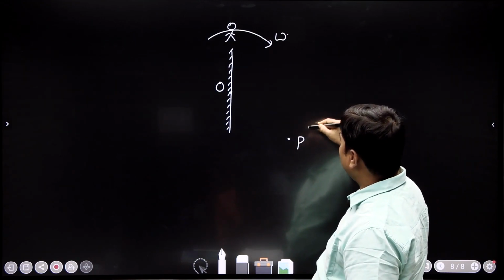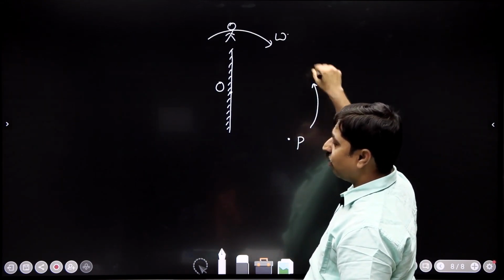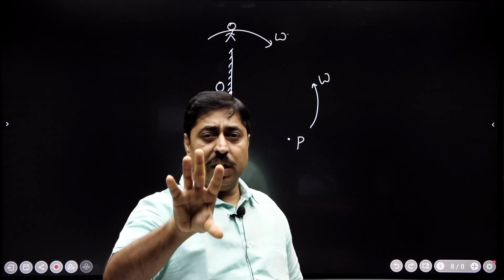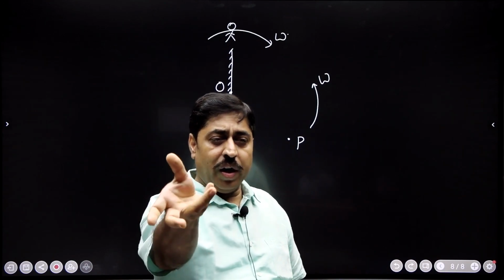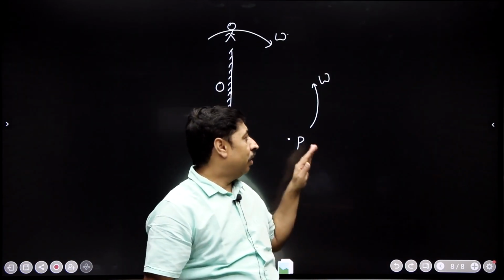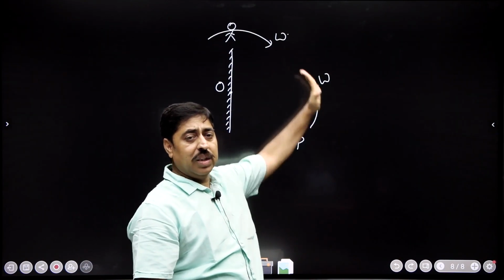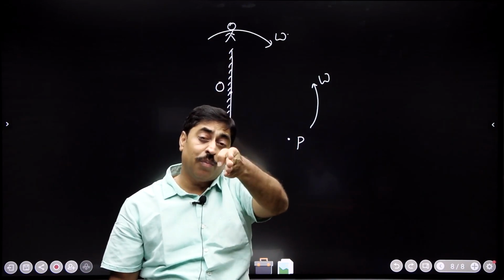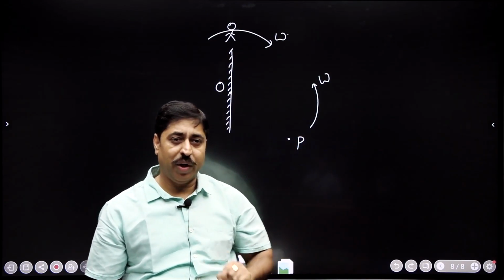But this particular point is rotating with angular speed omega in the opposite direction. For that observer, the mirror is at rest, point to be noted.